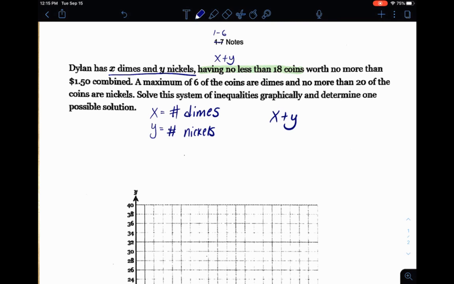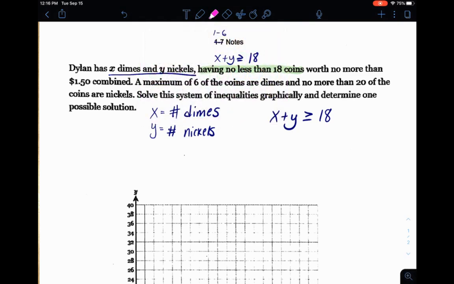So is that going to be greater than or less than 18? Equal to or not? Yes. So greater than or equal to 18. That means I can have 18, I can have more than 18, but I don't want to have less than that.